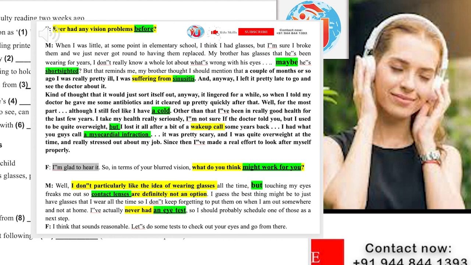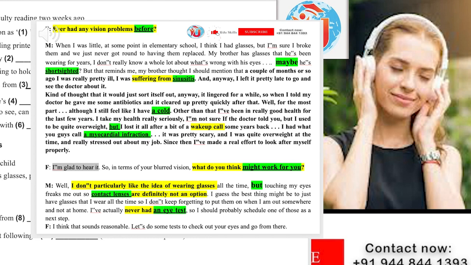Well, I don't particularly like the idea of wearing glasses all the time, but touching my eyes freaks me out, so contact lenses are definitely not an option. I guess the best thing might be to just have glasses that I wear all the time, so I don't keep forgetting to put them on when I'm out somewhere and not at home. I've actually never had an eye test, so I should probably schedule one of those as a next step. I think that sounds reasonable.